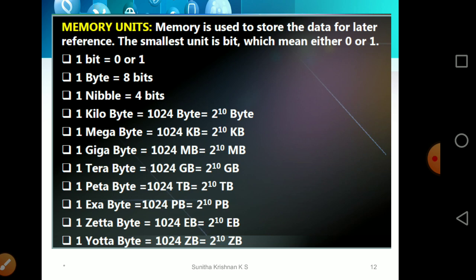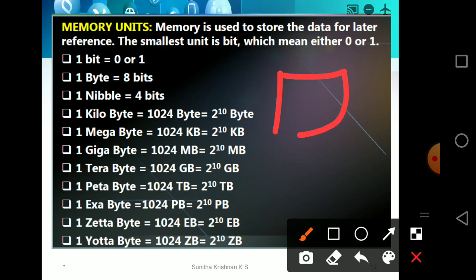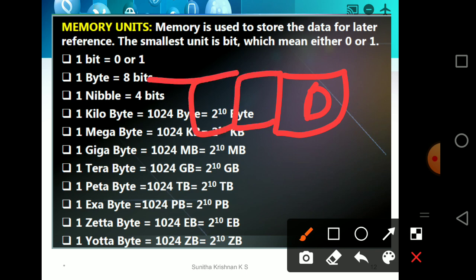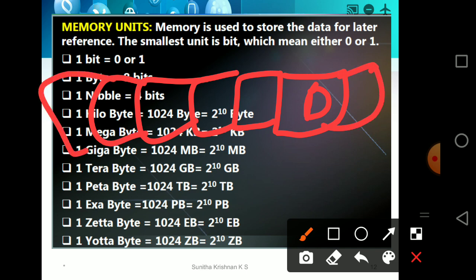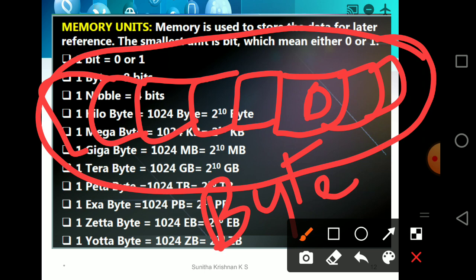You can consider it like you have one space here which stores either 1 or 0. Similarly, if I have 8 bits like this, 1, 2, 3, 4, 5, 6, 7 and 8, all these together I can call a byte. Always the memory I will refer to as bytes.